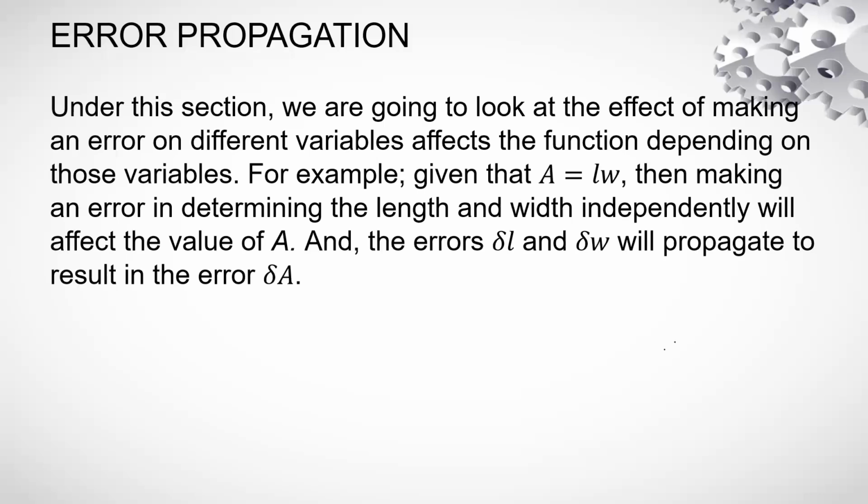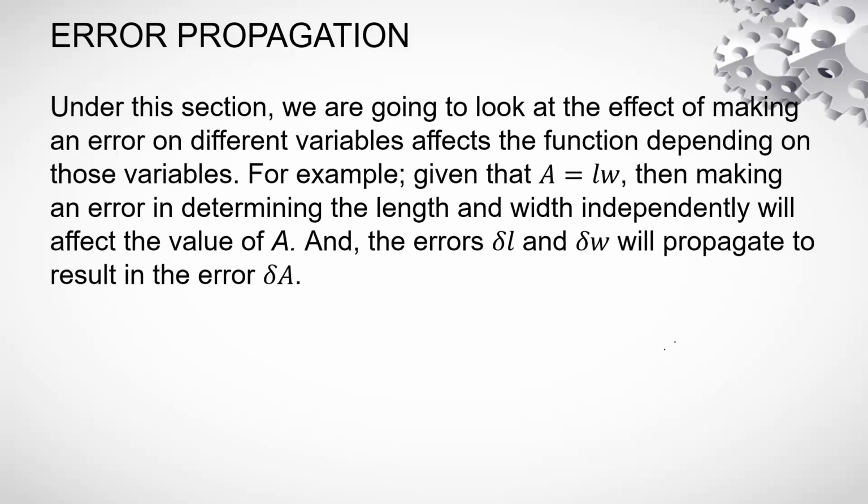There will be an effect on A if the length and the width are not measured accurately. So the errors delta L and delta W propagate to result in the error delta A. Because the length and the width are not accurate, the area is also not going to be accurate, deviating by a certain value from the actual area.